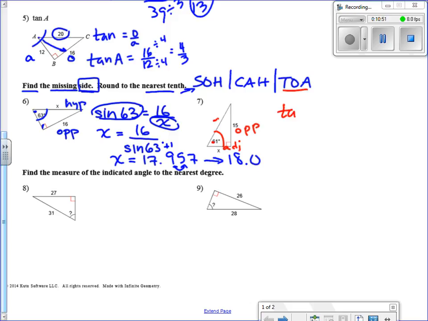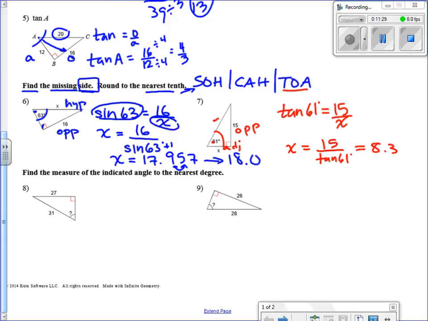So I'm going to say the tangent of 61 degrees is equal to the measurement of the opposite side divided by the length of the adjacent side. Once again, x is on the bottom. We're going to switch and divide. So x is going to equal 15 divided by the tangent of 61 degrees. So I pick up my handy dandy calculator. 15 divided by the tangent of 61 degrees. And I got 8.31, which would just round to 8.3.